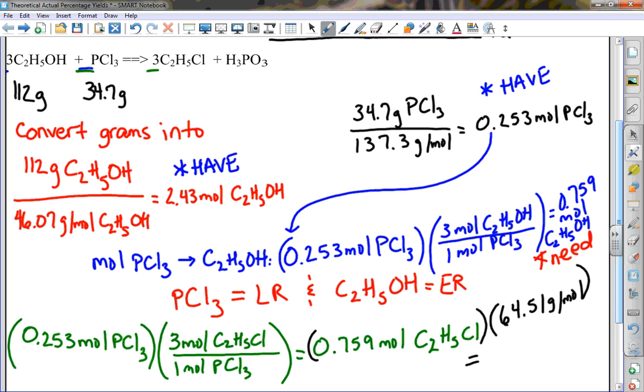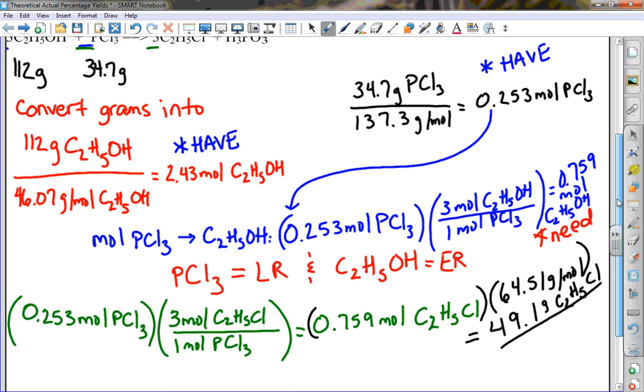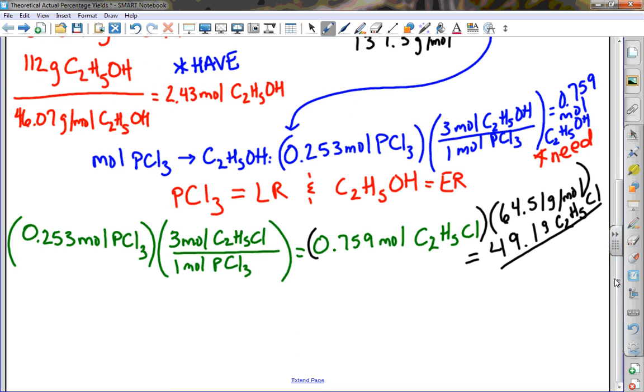That's going to tell us we have 49.1 grams of C2H5Cl. Okay, so 49.1 grams. That's our first answer.